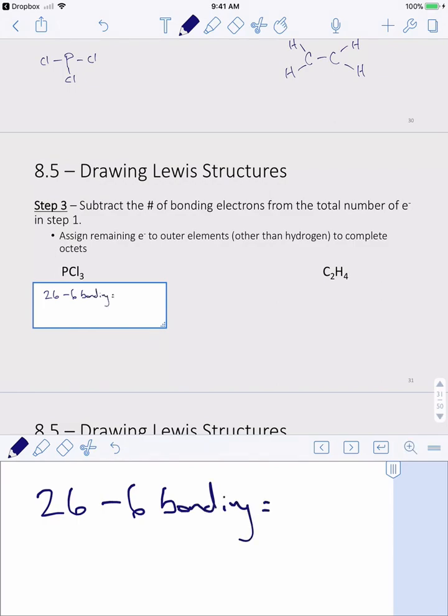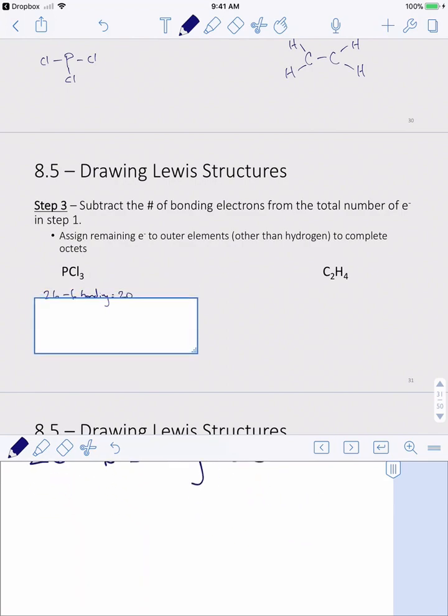That means that we have 20 more electrons to add to this structure. We're going to assign the remaining electrons to the outermost elements, other than hydrogen, to complete their octets. Effectively, we want to give electrons to those outermost elements that we said were the most electronegative.